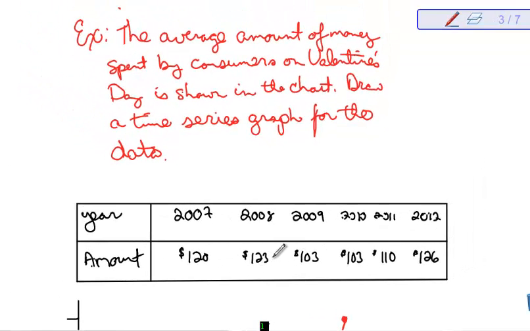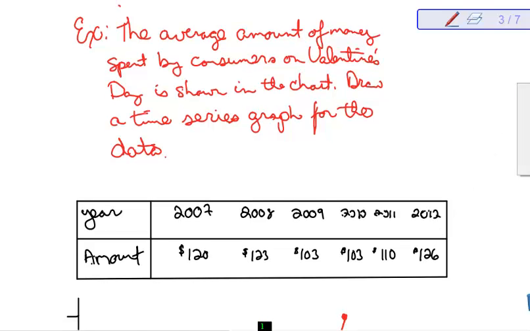And then we see that it went up to 123, then back down to 103. In 2010, it stayed at 103. Then in 2011, we started to increase to 110. Then in 2012, we spent on average $126 for Valentine's Day.